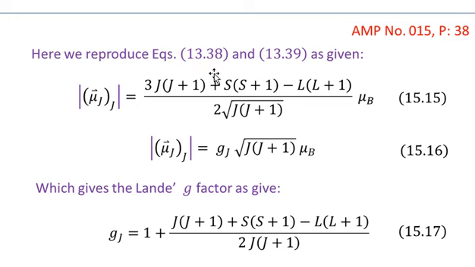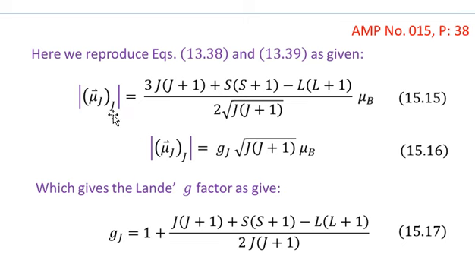Now you see that from lecture number 13, slide number 13, equation number 38 and equation number 39, we have the following quantities, which I have reproduced as equation number 15 and 16 respectively.